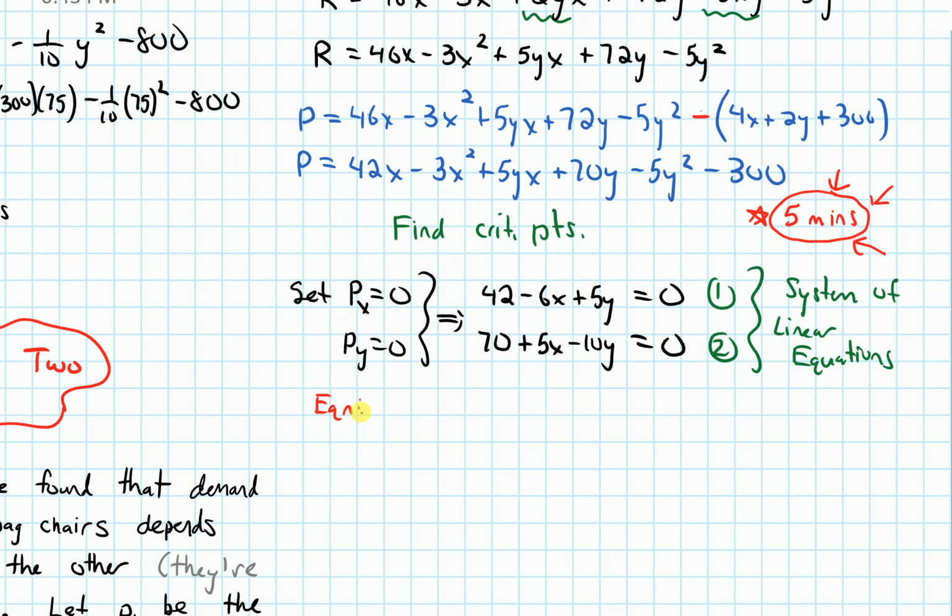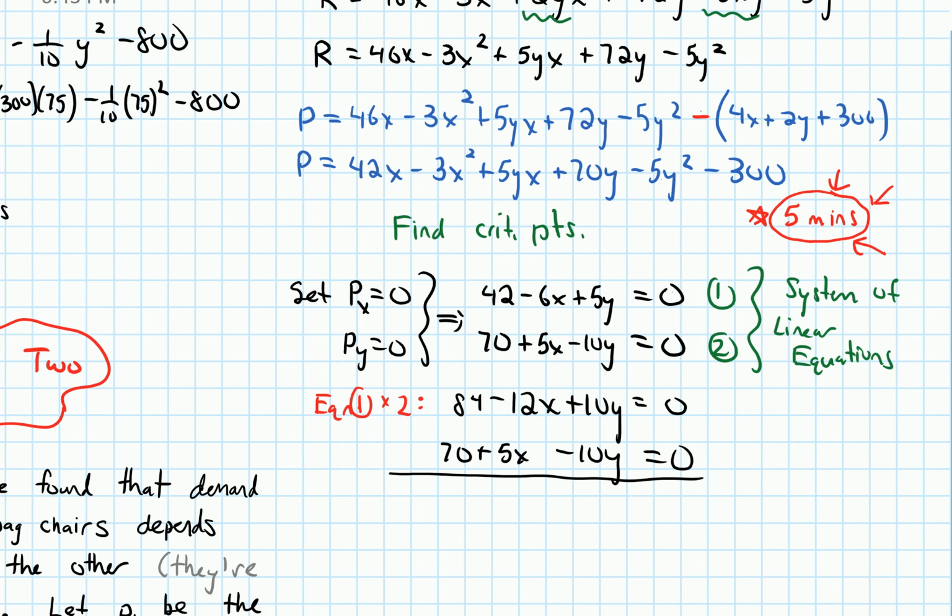So I'm going to take equation 1 and multiply by 2, so that'll give us 84 minus 12x plus 10y equals 0 times 2 is 0. Second equation, we keep it as is. 70 plus 5x minus 10y equals 0. So that now we can add our equations together.